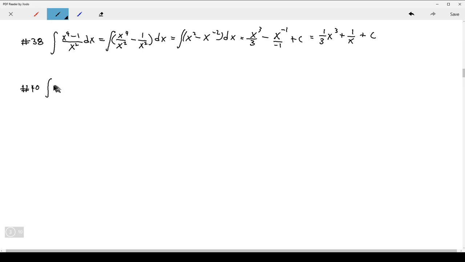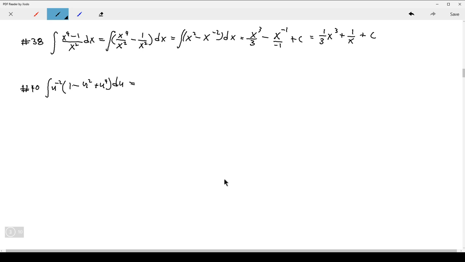It is the antiderivative of u to the negative 2 times (1 minus u squared plus u to the fourth) du.